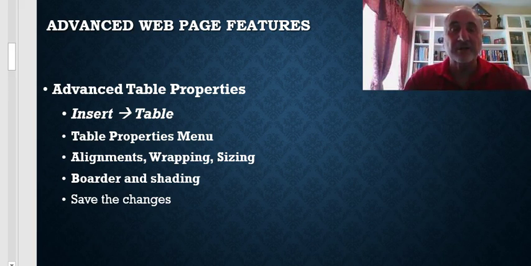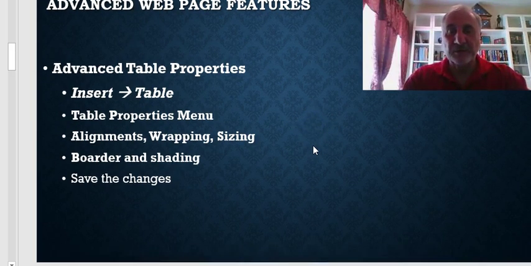And with a little practice, the table can also be edited to include rows and columns or individual cells, alignments, wrappings, sizing, and more, borders and shading. And so it becomes a very important option on a web page.